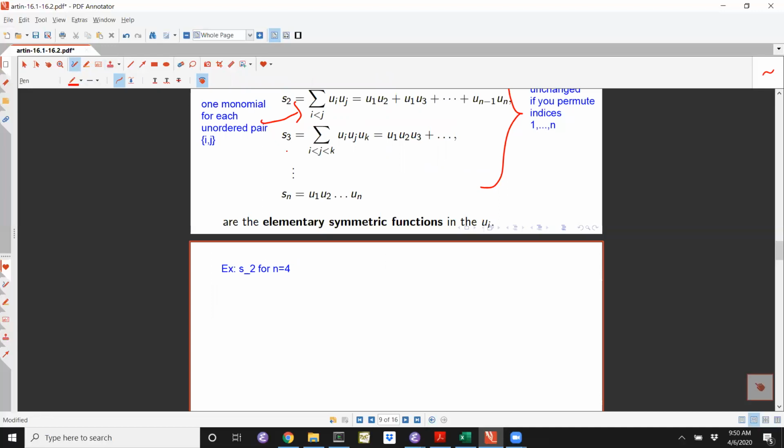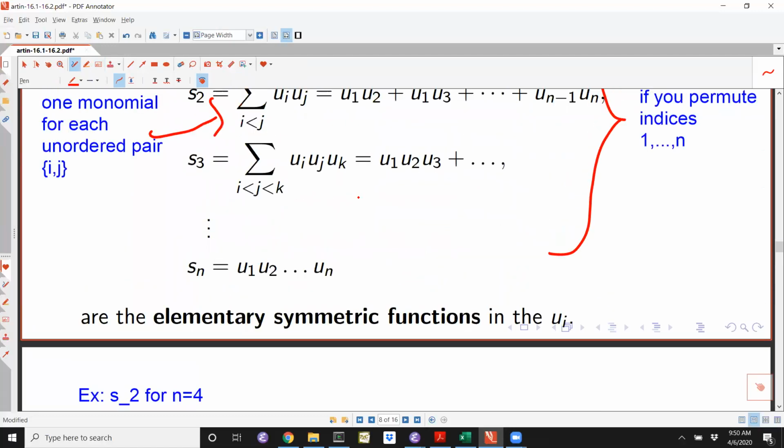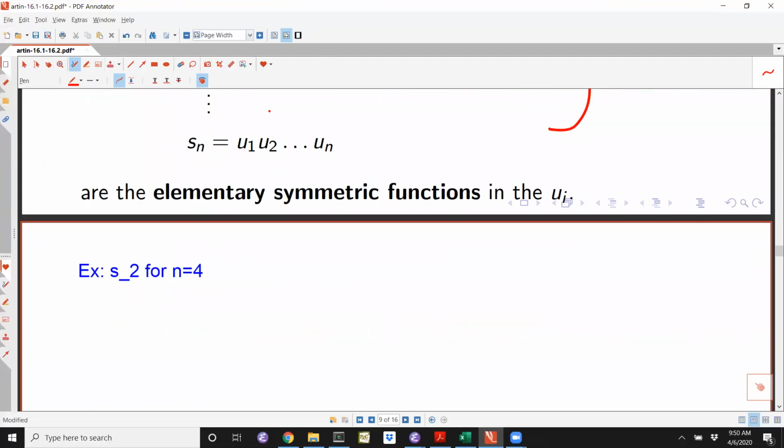Let me blow this up again. S2, by definition, is equal to the sum over all i less than j of u sub i u sub j.